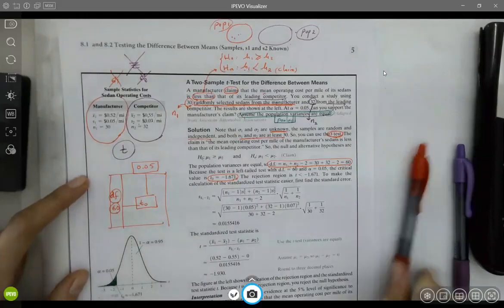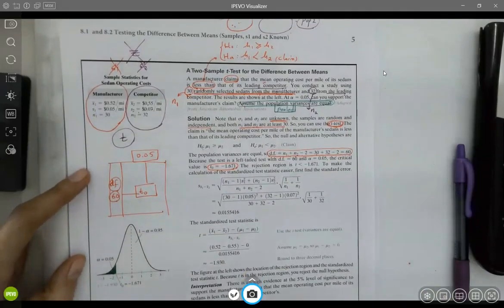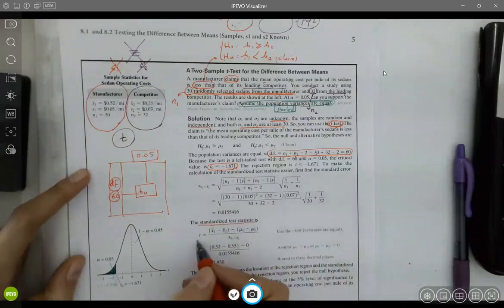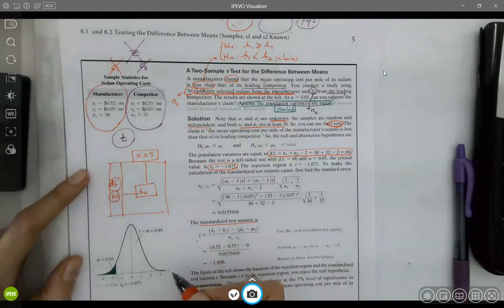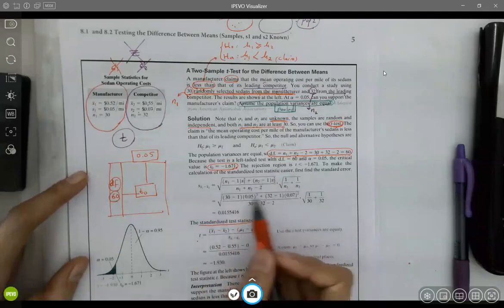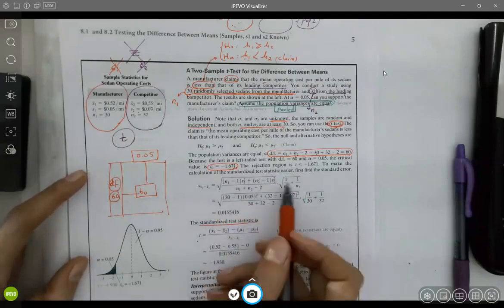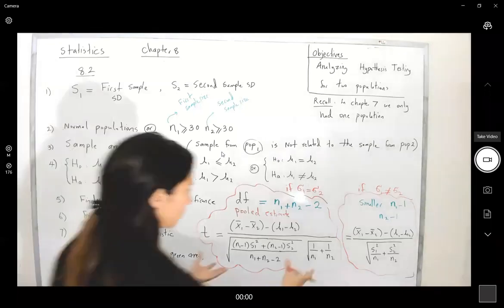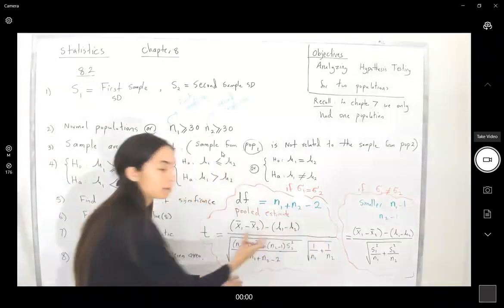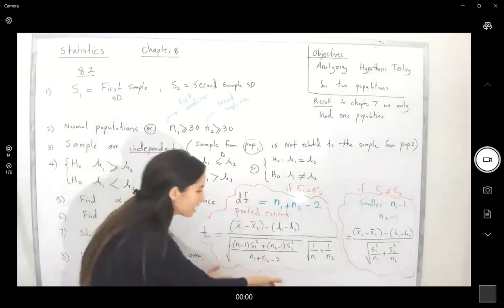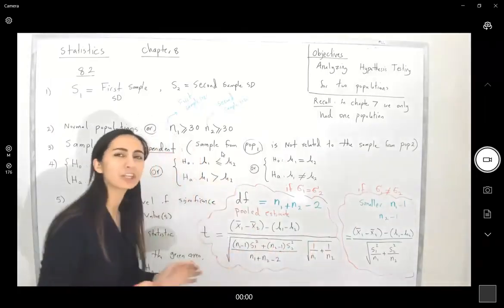Now we have to move on to find our standardized test statistic, t. As you can see, your denominator as a pooled estimate follows the multiplication of two radicals. If you get back to the board, they calculated the denominator first, then they found the difference between two means divided by that denominator.